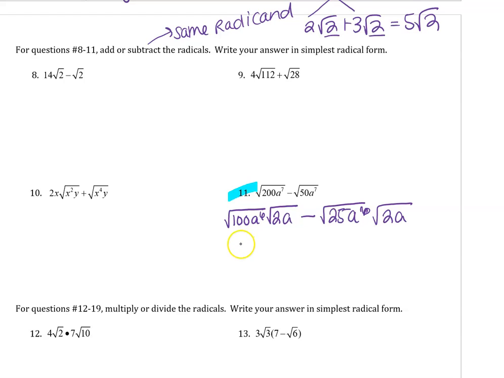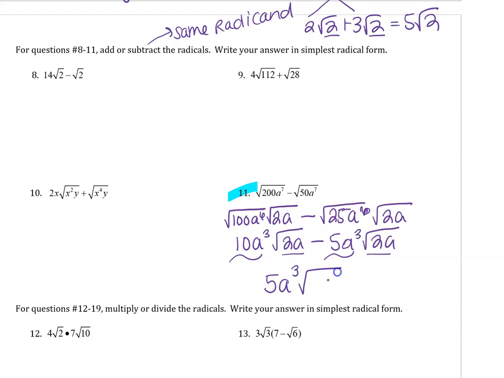Then I'll take the square root. So 10a cubed, square root of 2a, minus 5a to the 3rd, square root of 2a. I have the same radicand, so I can combine the coefficients, and those are like terms as well. So 10 minus 5 is 5, so 5a cubed, square root of 2a.